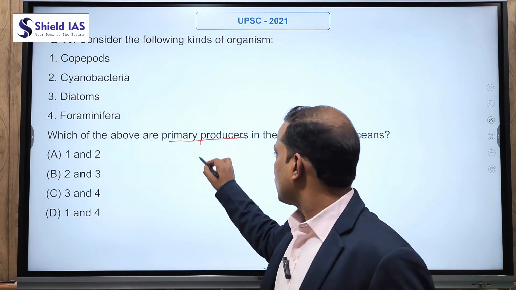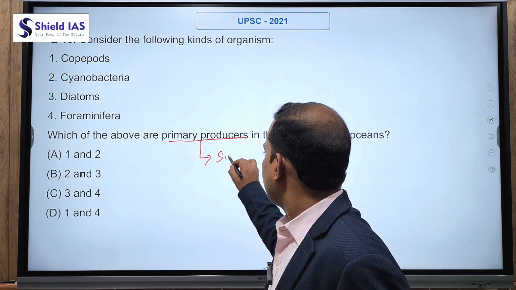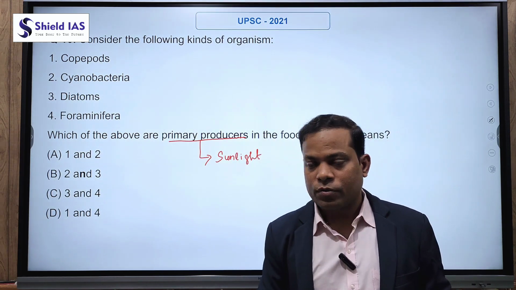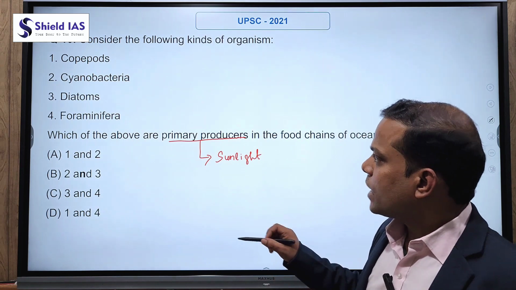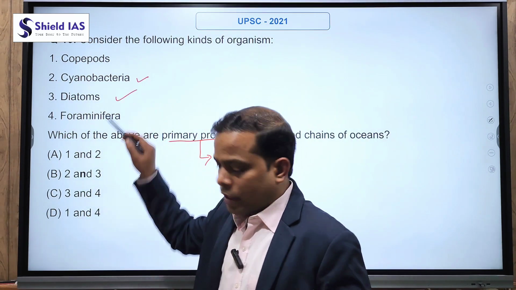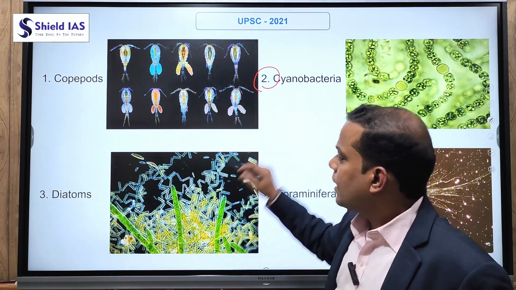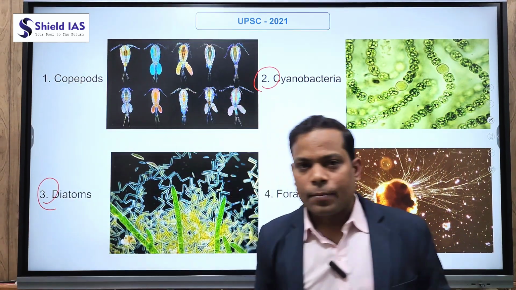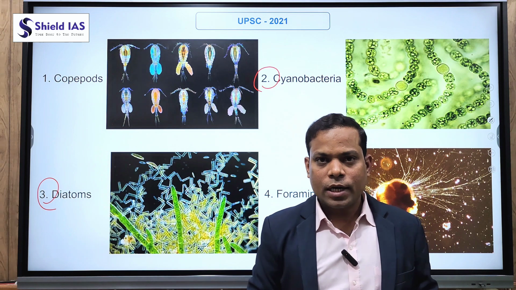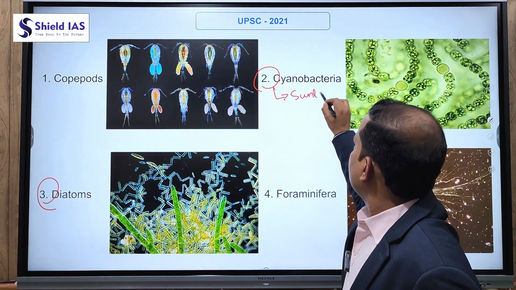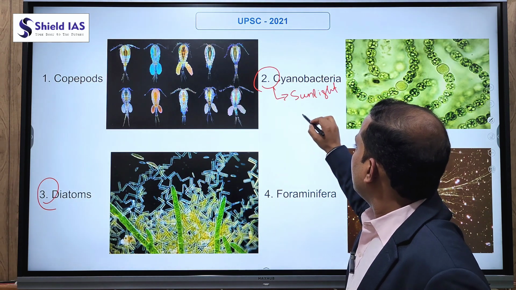So primary producers are those who use sunlight to make their own food. So here cyanobacteria and diatoms, you can see the picture, are blue-green algae, and they use sunlight to make their own food.